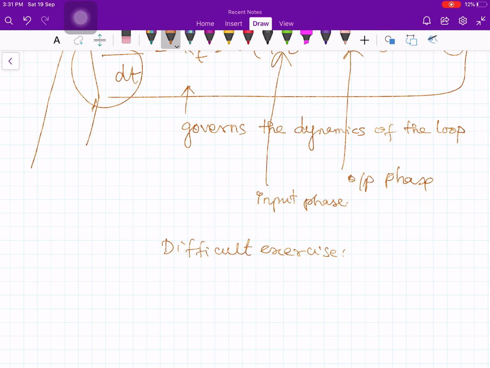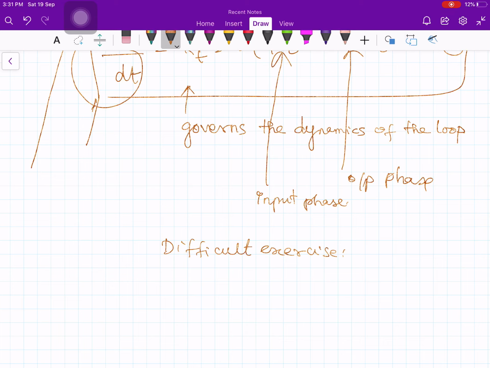To simplify the discussion further, let us assume that phi of t has some special nature. What does it mean? Phi of t represents the phase modulation at the input.